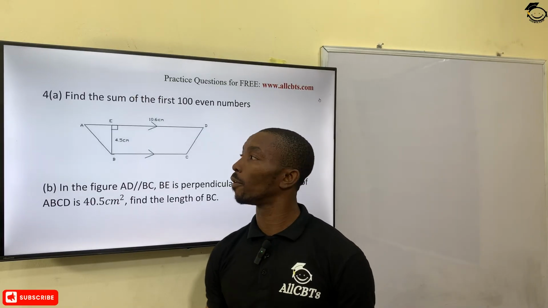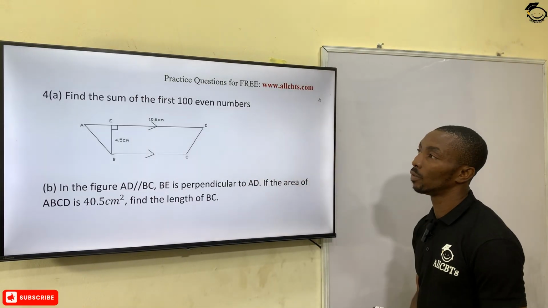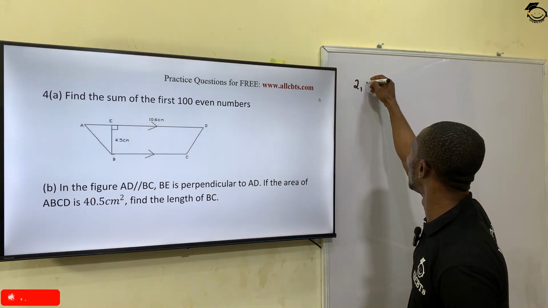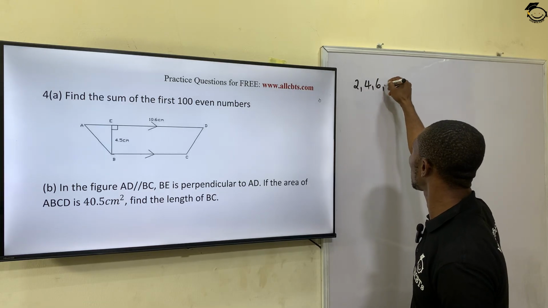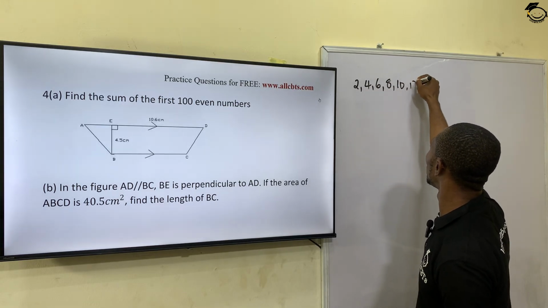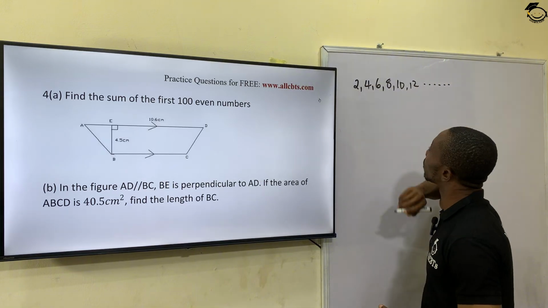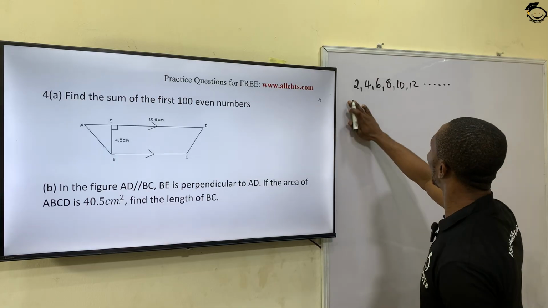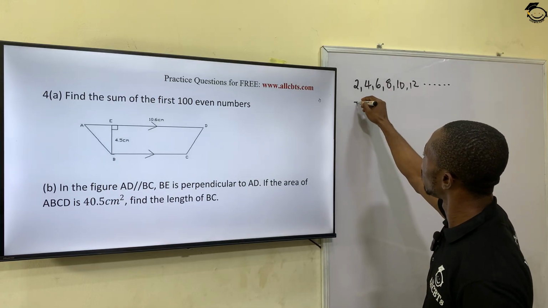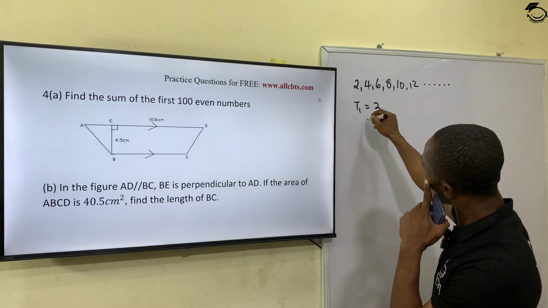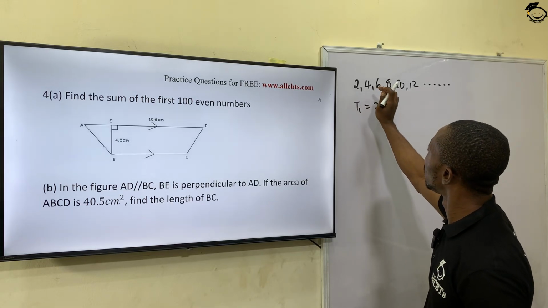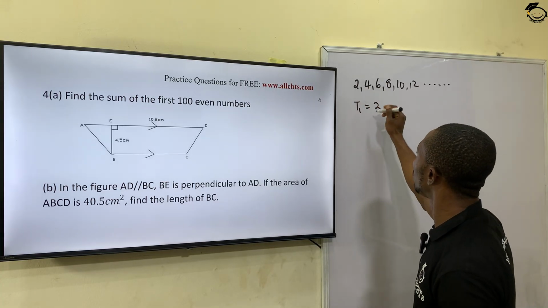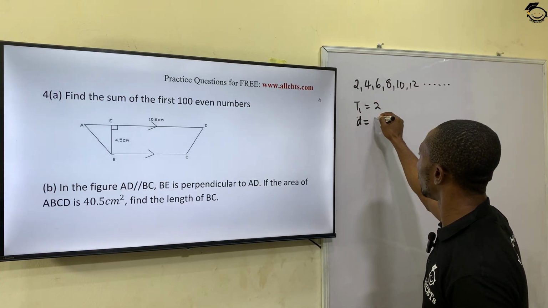Find the sum of the first 100 even numbers. Now, we know our even numbers start from 2, 4, 6, 8, 10, 12, and so on. From here, we can see those form a sequence where our first term, T1, is 2, and a common difference, D, which is T2 minus T1 or T3 minus T2, will give us 2.